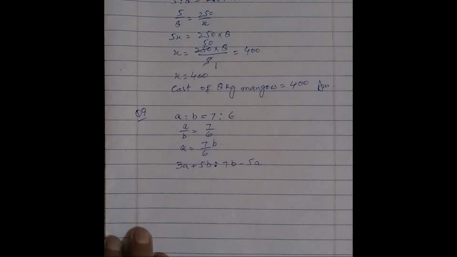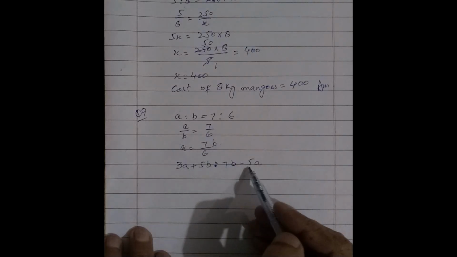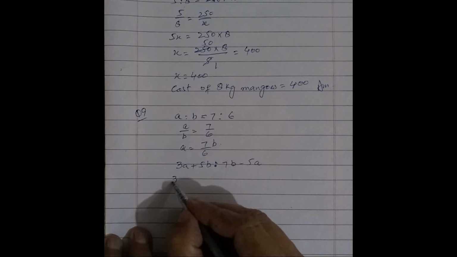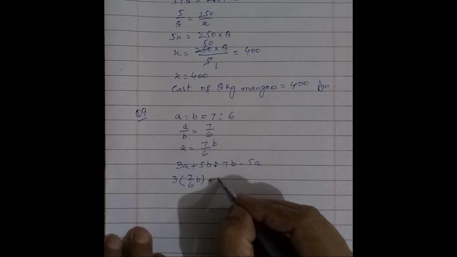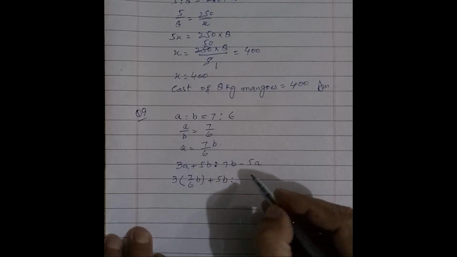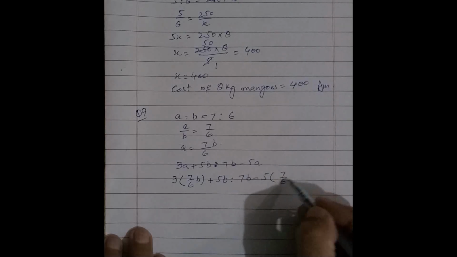Now we put the value of A, which is 7 over 6 B, in this equation. We get 3 times 7 over 6 B plus 5B ratio 7B minus 5 into 7 over 6 B.